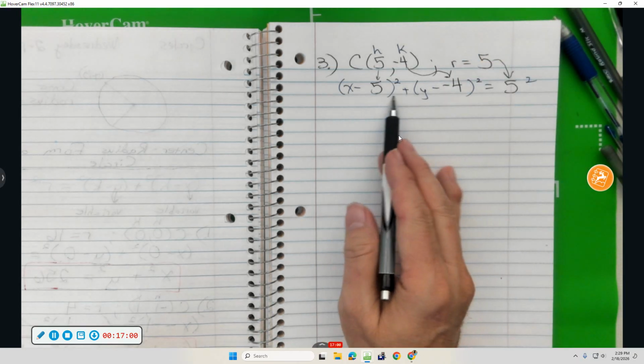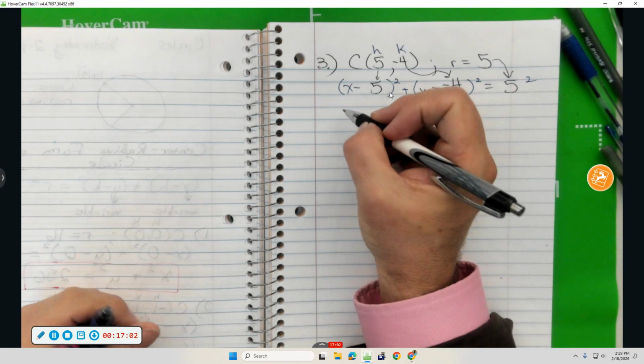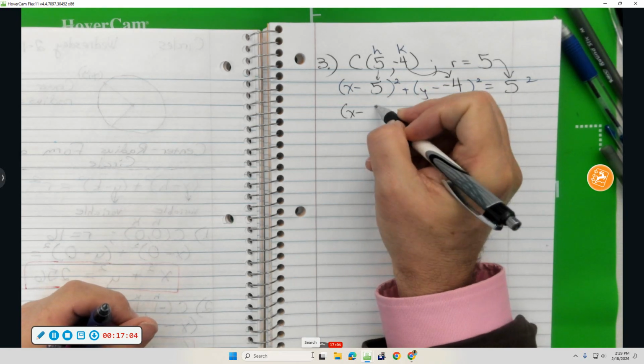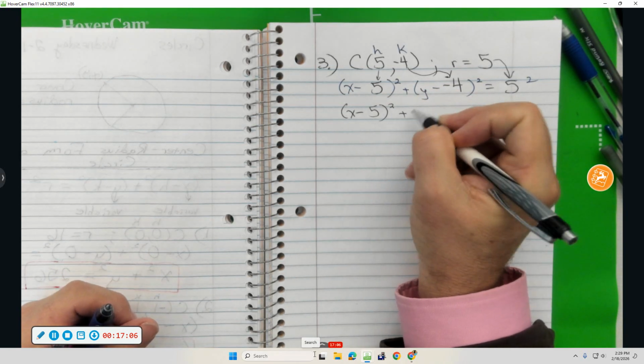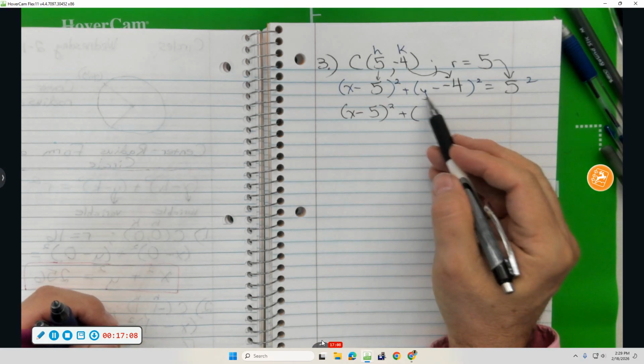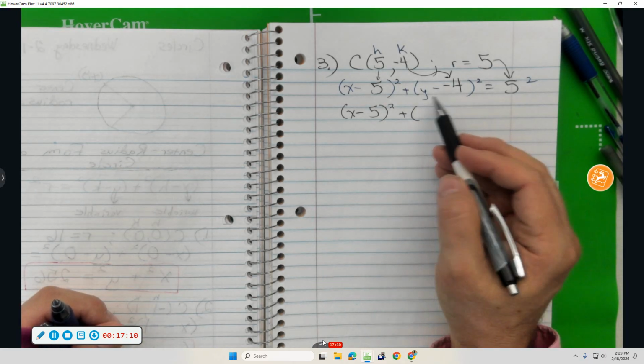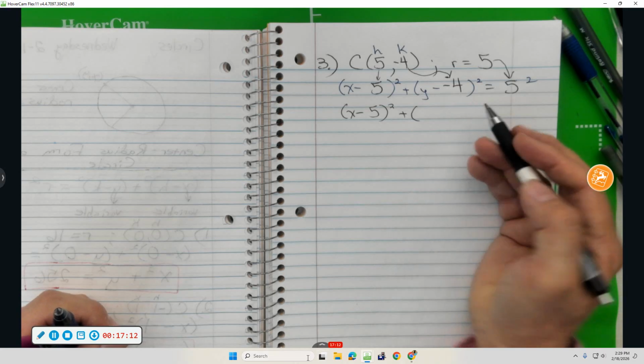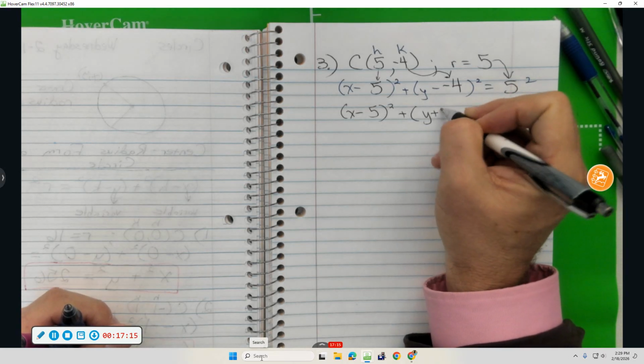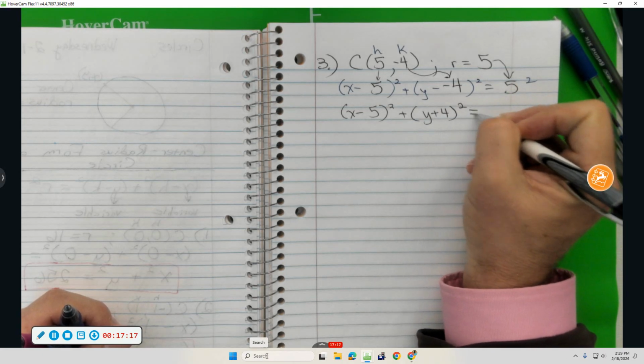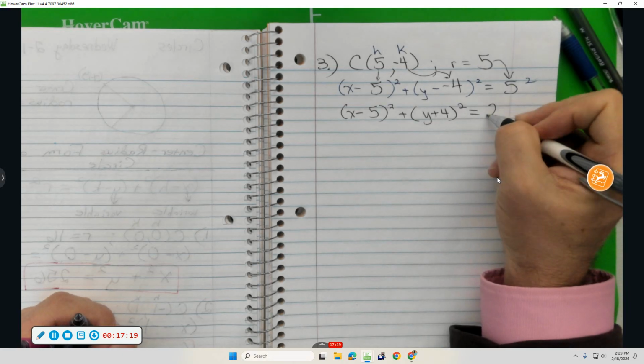And that first binomial x minus 5 we're going to leave alone. What am I going to do with that second binomial, y minus a -4? Change it to a positive. And 5 squared is 25.